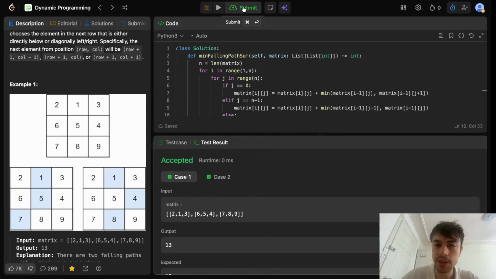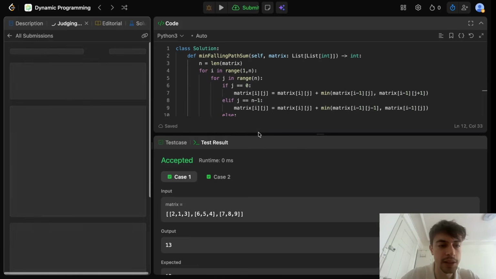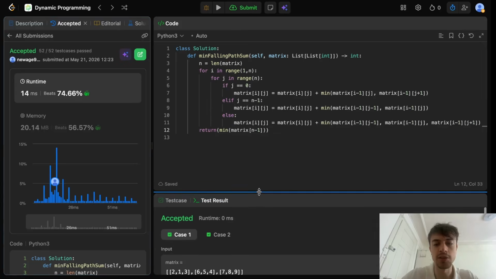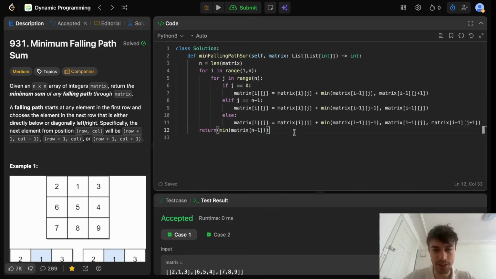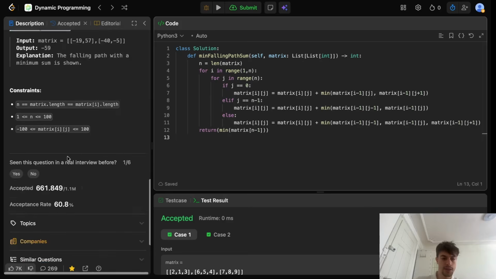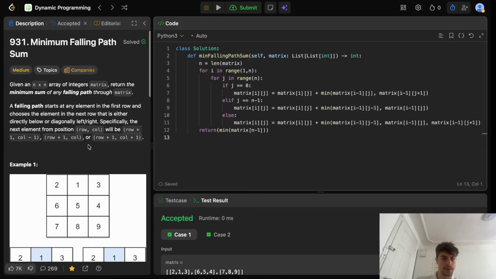Yes, this is basically the repetition of what we did with the triangle, and it works. Since it's basically a repetition, I believe there must be a better solution. Let me think a bit. Let's see if there is any hint. There is no hint.